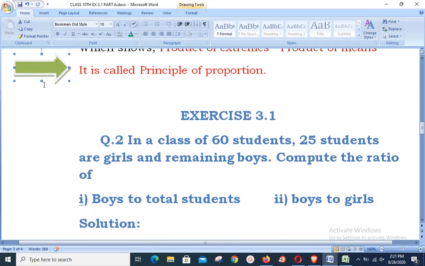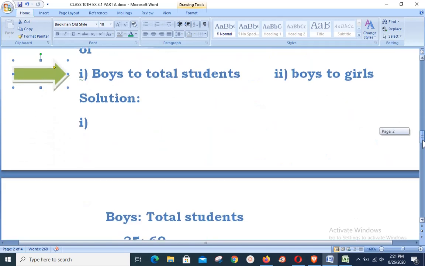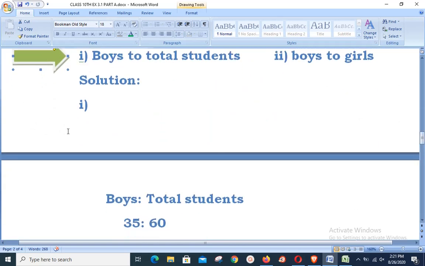We now move towards exercise 1.3, question number 2. It says in a class of 60 students, 25 students are girls and the remaining are boys. Compute the ratio of part 1, boys to total students, and part 2, boys to girls. Starting our first solution, finding the ratio boys to total students.